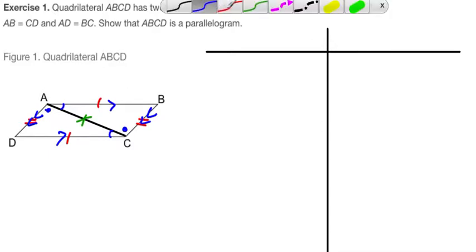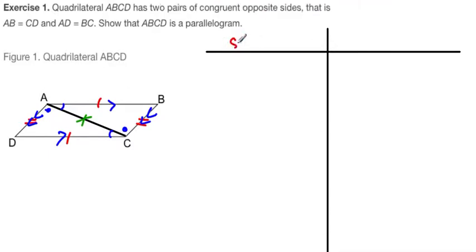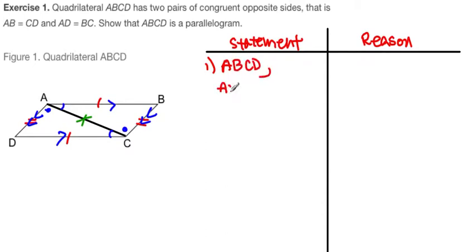So here we have the statements, and let's write down the reasonings right over here. So first, in quadrilateral ABCD, we get to realize AB is congruent to CD.